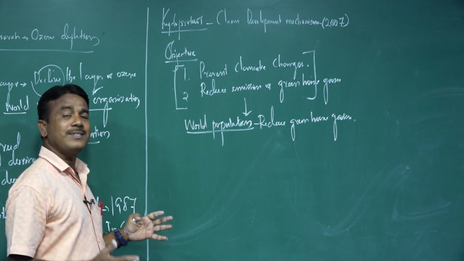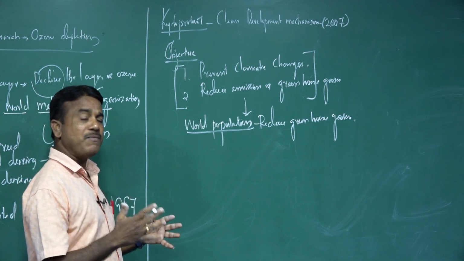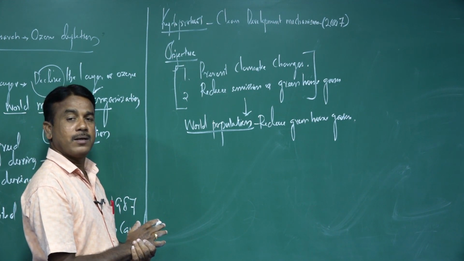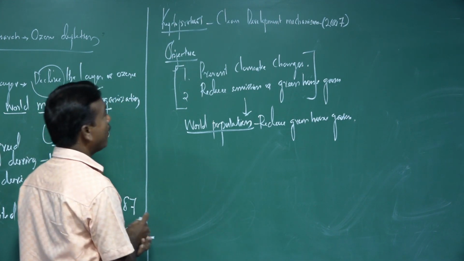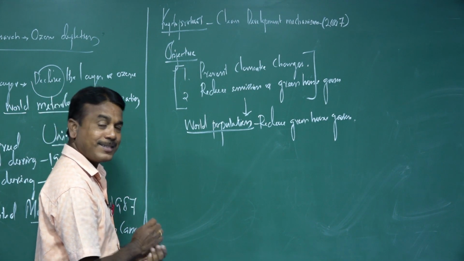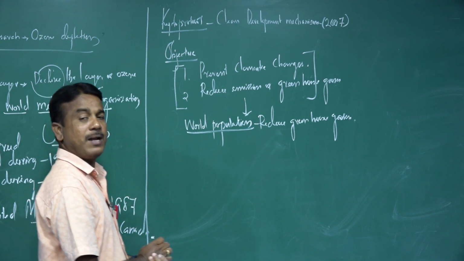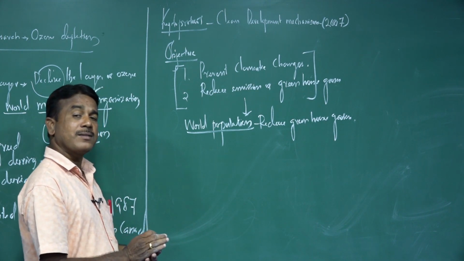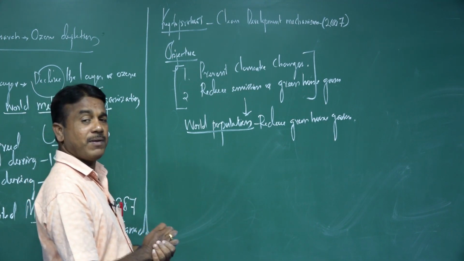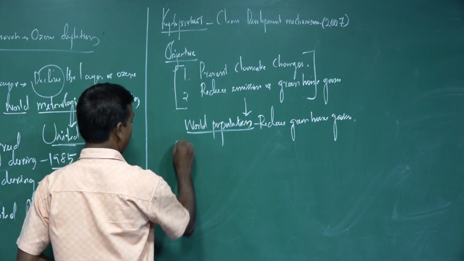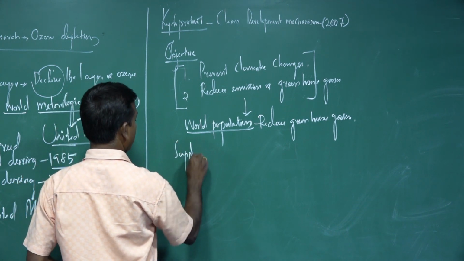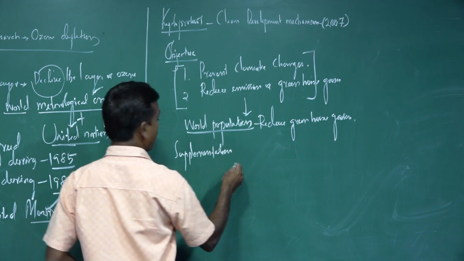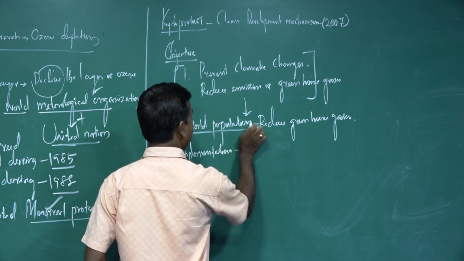What activity is done to prevent or reduce greenhouse gases? The objective is applicable to the Kyoto Protocol. It is a simple mechanism, commonly called supplementation of electricity generation.